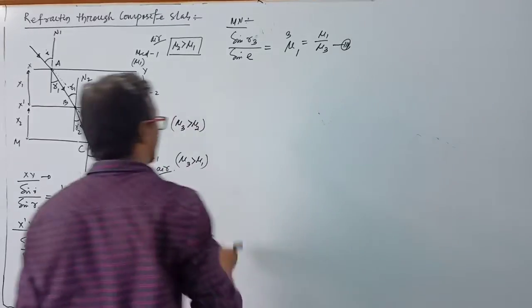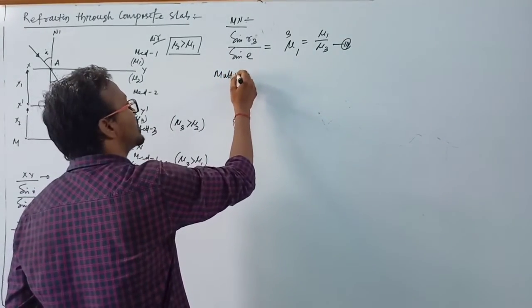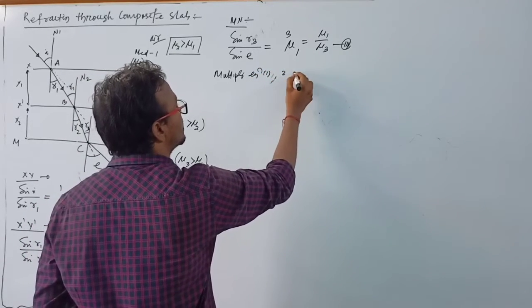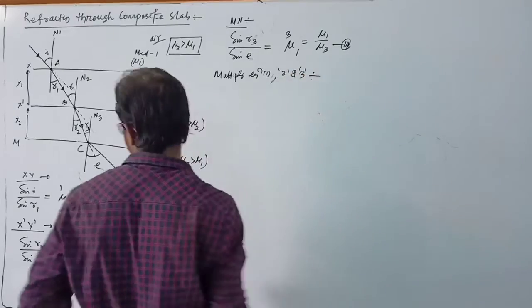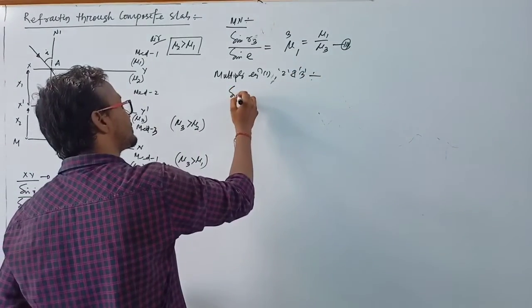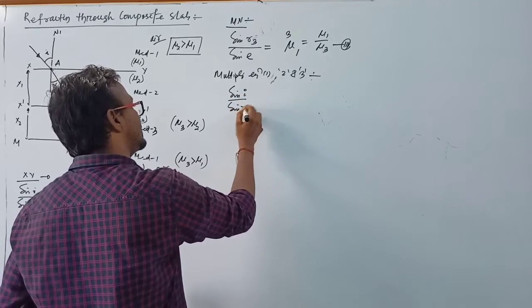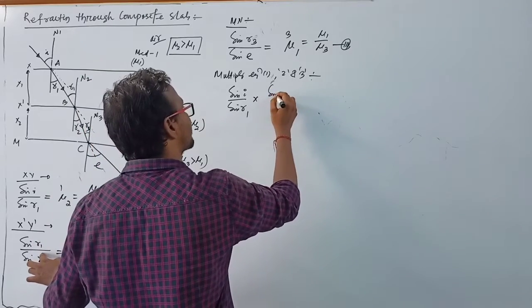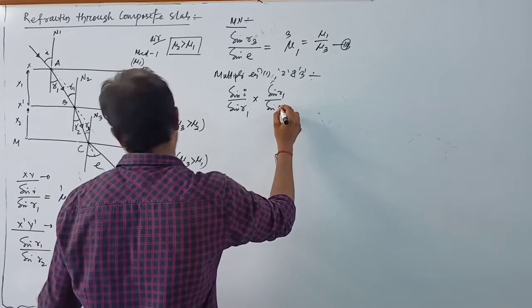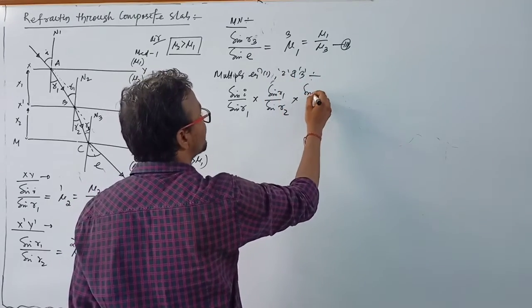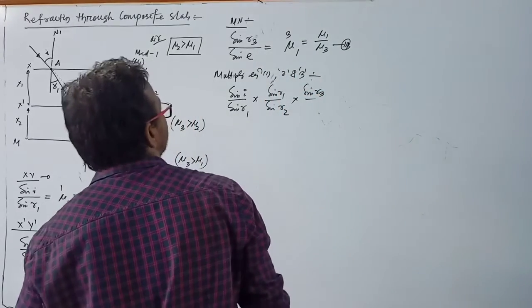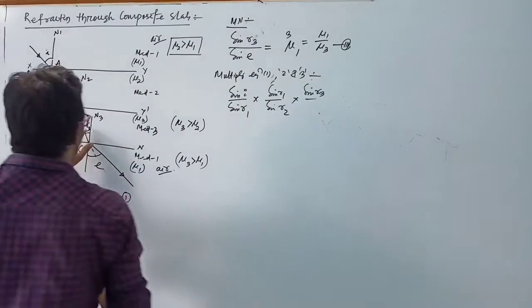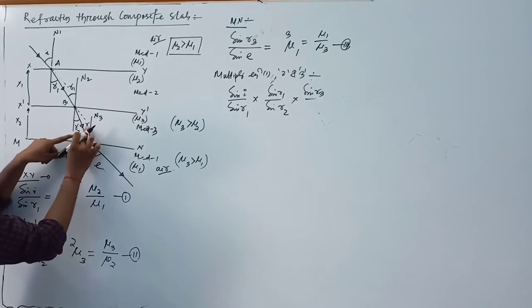Now multiplying equations 1, 2 and 3, we can write sine I by sine R1, into the second equation, sine R1 by sine R2, into the third equation, sine R2 by sine E. Sorry, this is not R3; actually this angle is R2 and this angle is also R2.